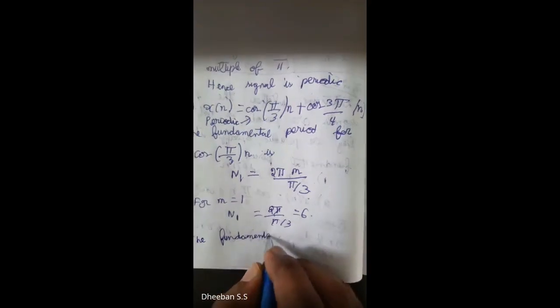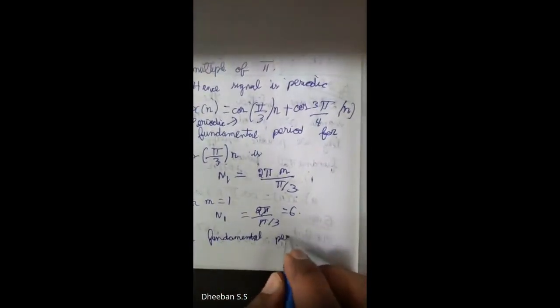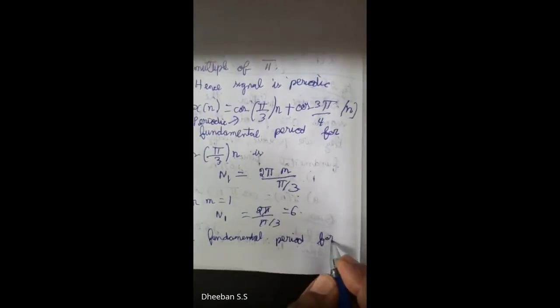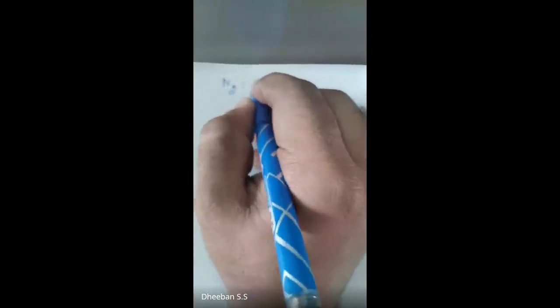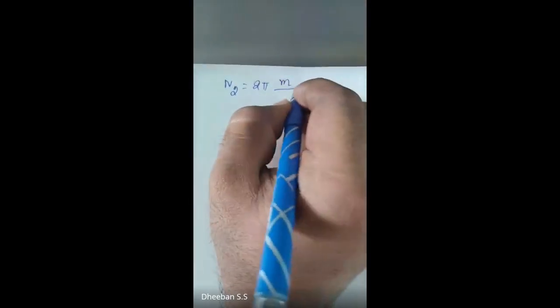Next, for the fundamental period for cos 3 pi by 4 n, n2 equal to 2 pi m divided by the frequency 3 pi by 4.